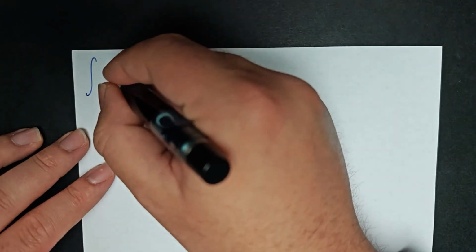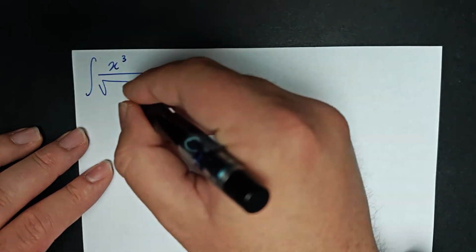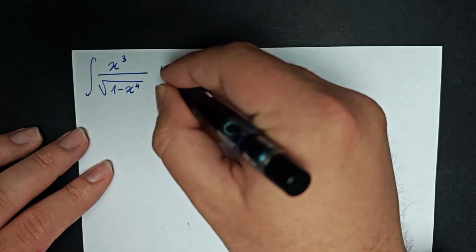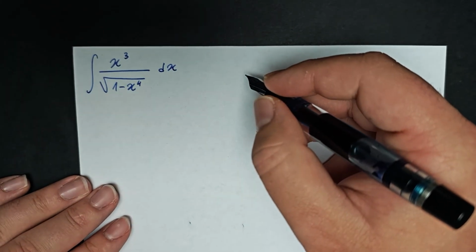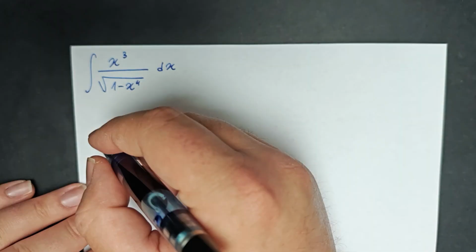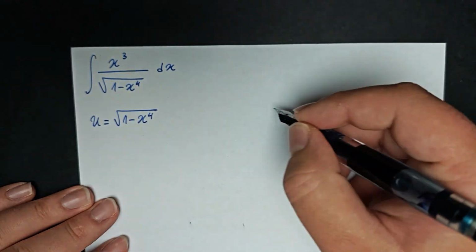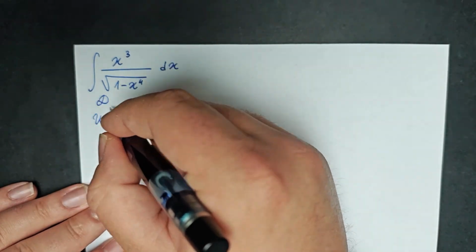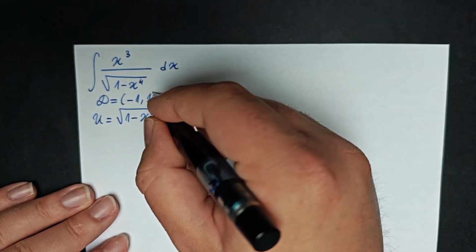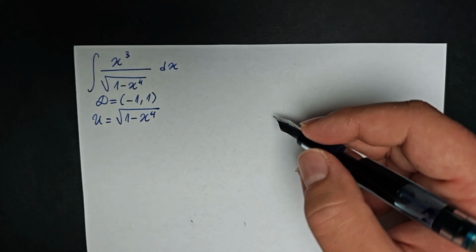Another way in which you can integrate this integral is to use a different type of substitution. We are going to use a U-substitution to be the square root of 1 minus x to the fourth power. Of course, the area in which we integrate remains unchanged.